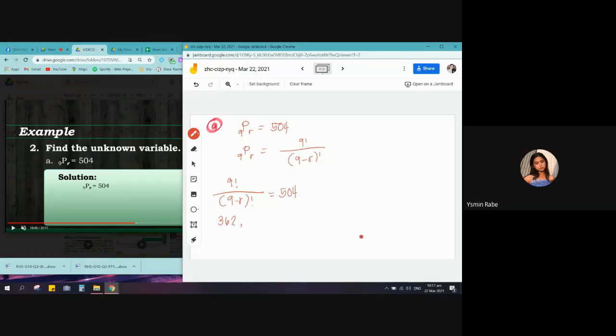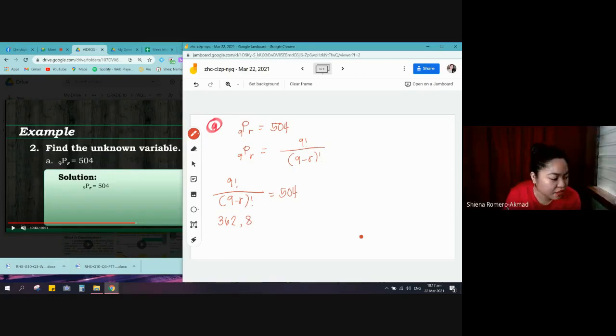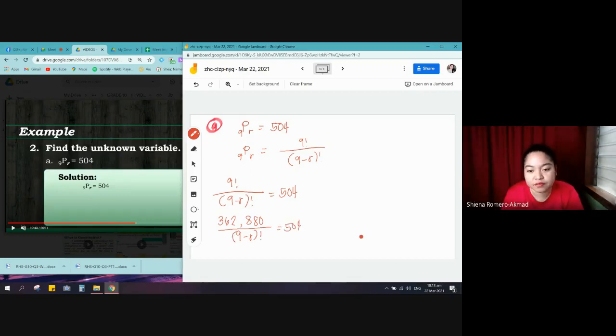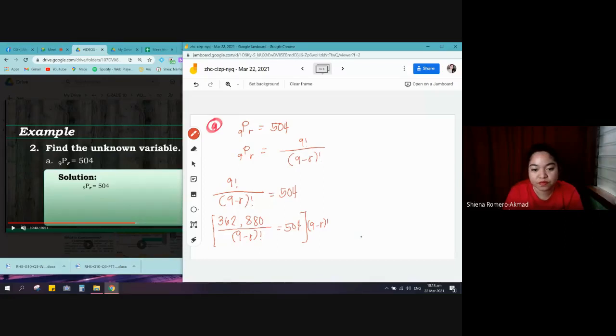So, ang gawin natin dito, pag kinancel natin yan, magiging 362,880 equals 504 times 9 minus r factorial.